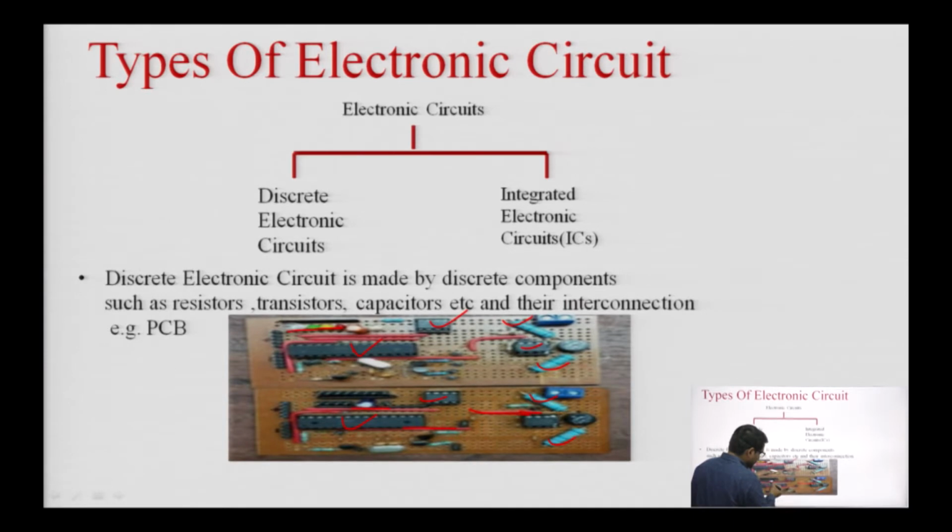A discrete electronic circuit is basically made with discrete components, where we can easily identify where the monolithic IC, resistor, capacitor, transistor and LED are. They can easily be defined in a discrete manner.